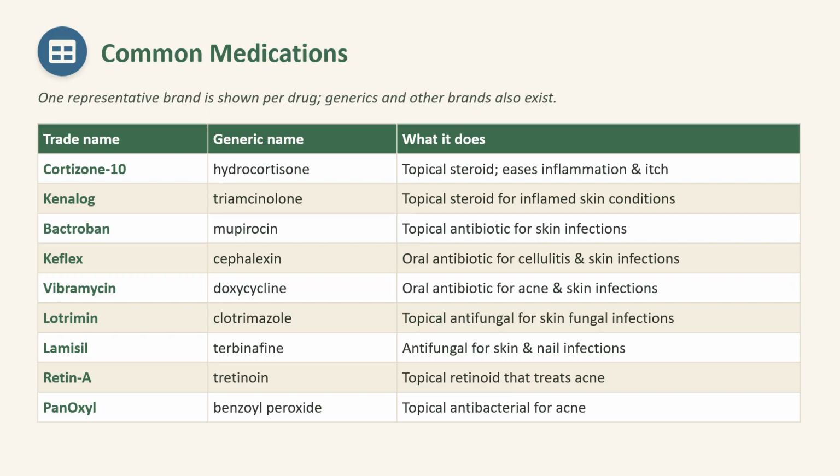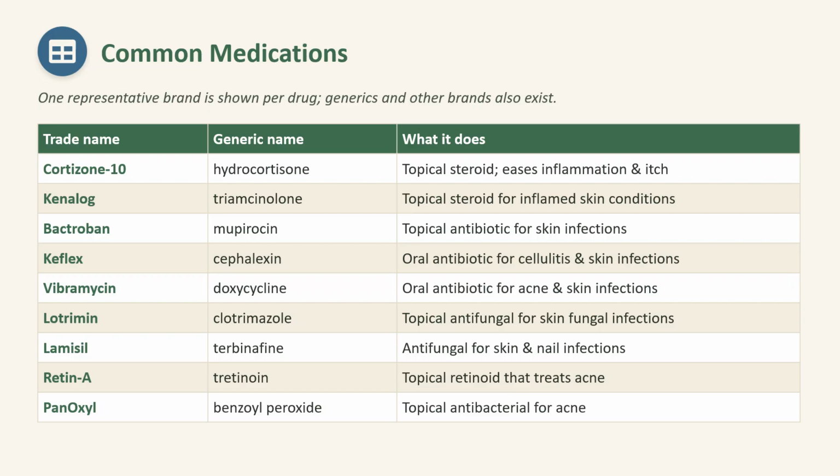The next three are antibiotics. Bactroban, which is mupirocin, is a topical antibiotic for small skin infections. Keflex, known as cephalexin, is an oral antibiotic commonly used for cellulitis. Vibramycin, known as doxycycline, is an oral antibiotic that's also used for acne.